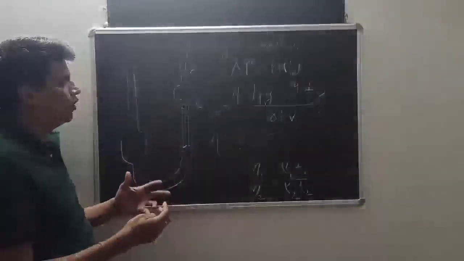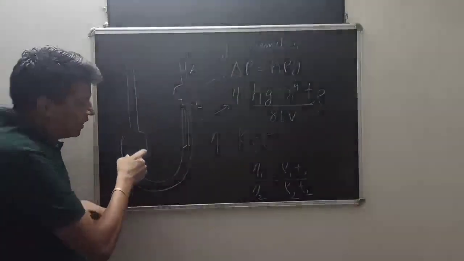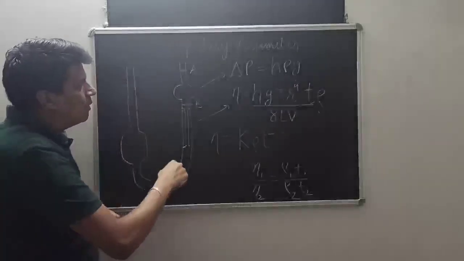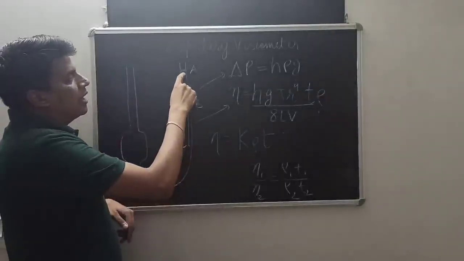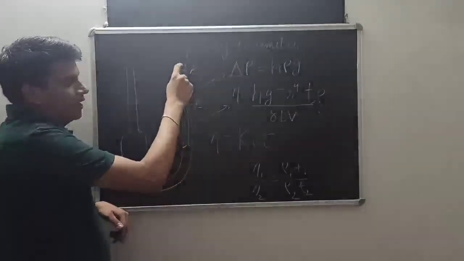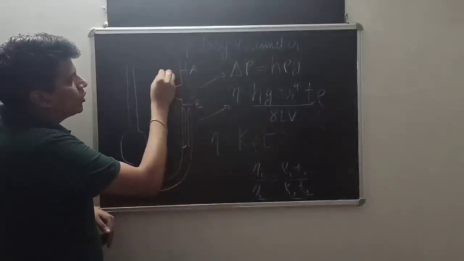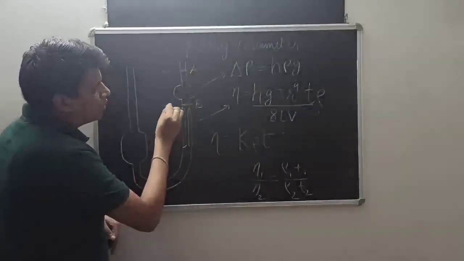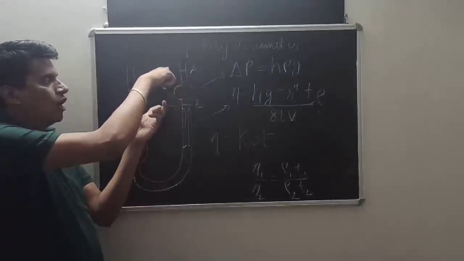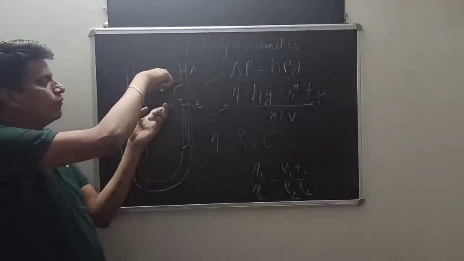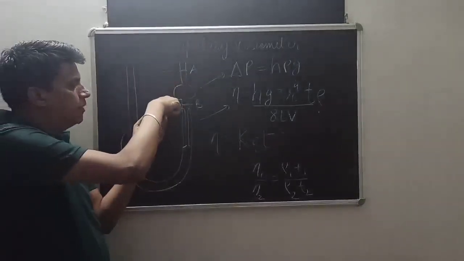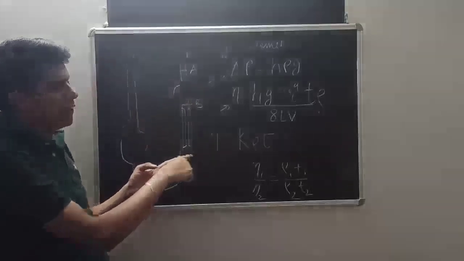What we want is that we first fill the liquid through this arm and suck the liquid above point A. Then we allow the liquid to move from point A to point B. Always the liquid is allowed to move from point A to point B. It flows through the capillary.